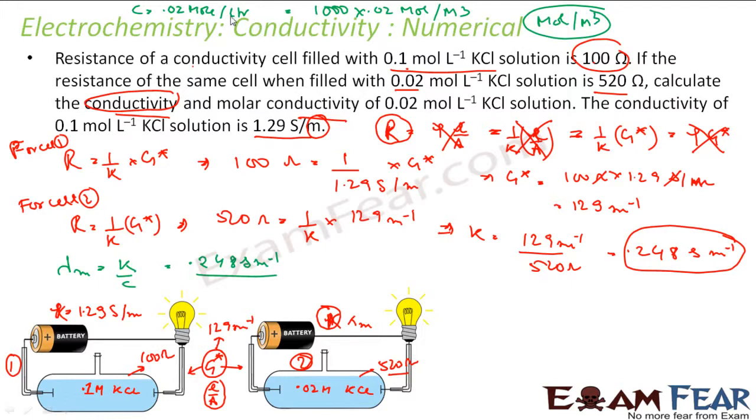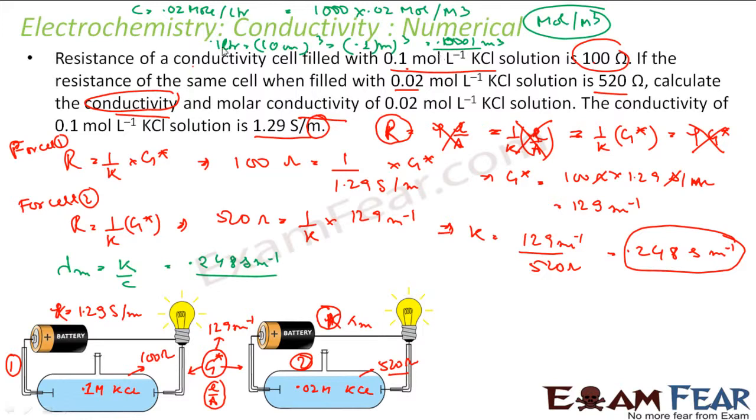Because 1 liter is nothing but 10 centimeter cube, and 10 centimeter is nothing but 0.1 meter, and that is nothing but 0.001 meter cube.